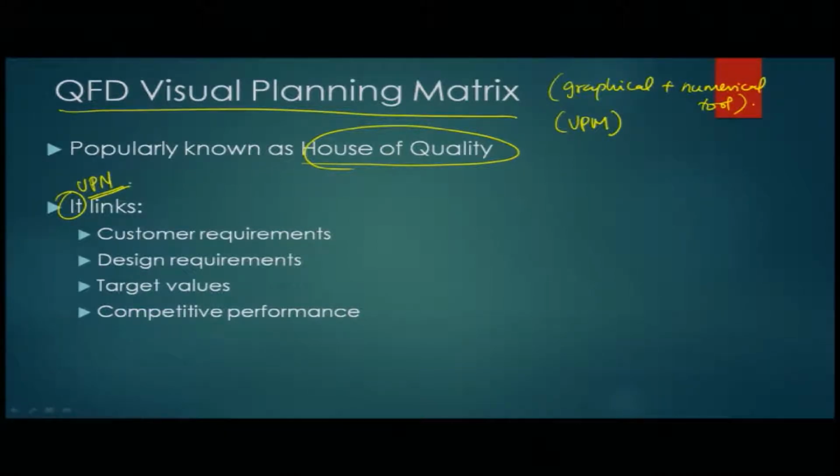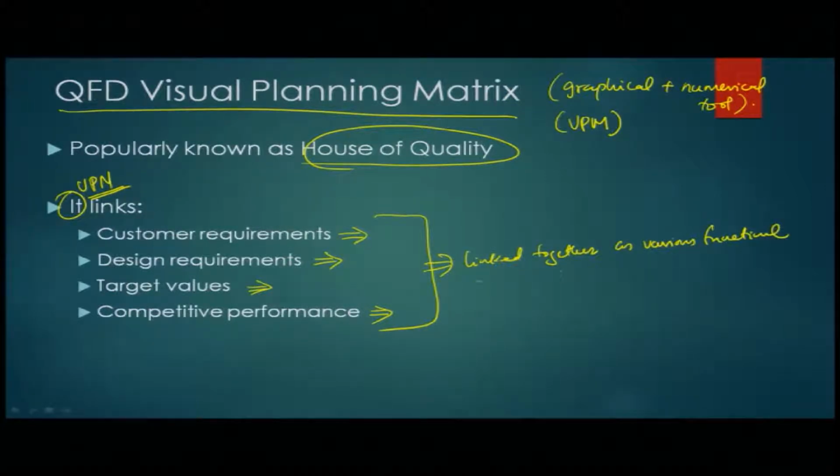The visual planning matrix links the customer requirements, the design requirements, target values, and competitive performance. So all these four are linked together as various functional aspects of the system.